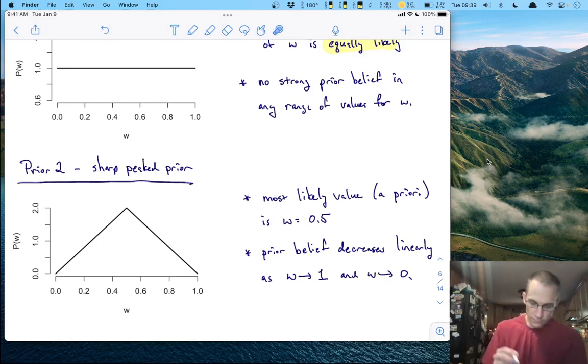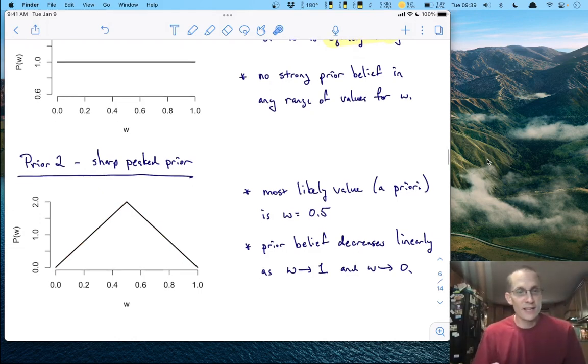Okay. All right. And now what you'll see here is the highest value of this prior is here, and then the belief or the probability decreases as you go away from W, and it decreases linearly. Okay. So maybe you like that one. Maybe you don't like that one. Maybe you have something against curves with a sharp point on them.